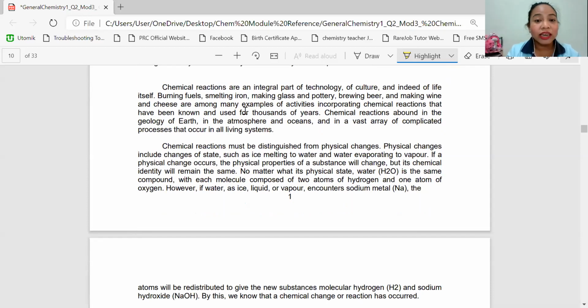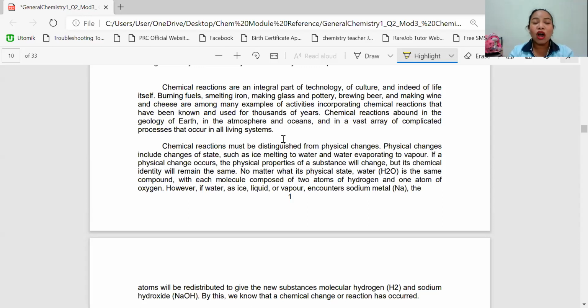Chemical reactions are an integral part of technology, of culture, and indeed of life itself. Burning fuels, melting iron, making glass and pottery, brewing beer, and making wine and cheese are among many examples of activities incorporating chemical reactions. On Earth itself, we have numerous chemical reactions occurring every day. Inside our body also are thousands of chemical reactions that occur.